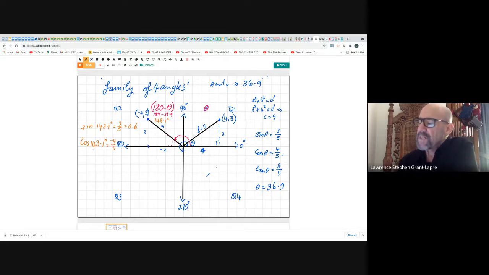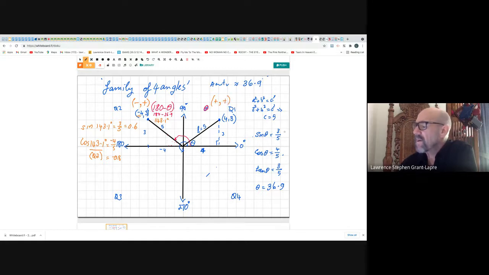See, because this is an angle in the second quadrant. A second quadrant angle will give you negative 0.8, not positive 0.8, because it's a negative 4. The x is negative. Every coordinate in this quadrant has a negative x value and a positive y value. Every point in the first quadrant is positive.